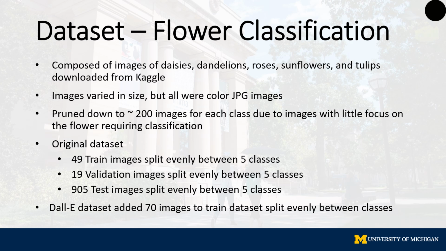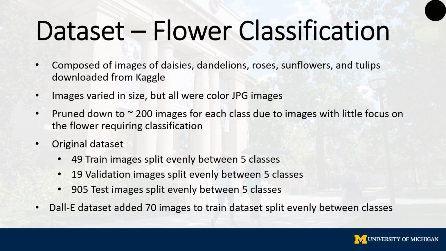And so from that, there's approximately 1,000 total images. And to evaluate scenarios that I was covering earlier, in which it's a startup of a project, you don't have a whole lot of reference images for training. The data set was split with 49 training images, 19 validation images, and 905 test images, and all of those are split evenly between the flower classes.